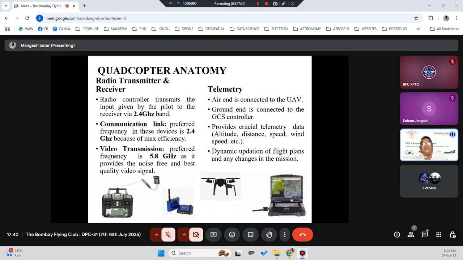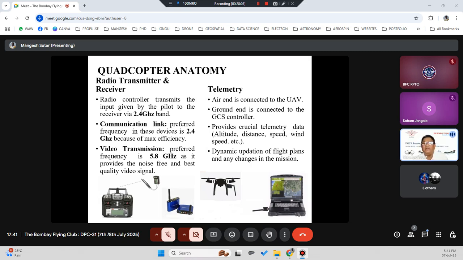So a lot of people used to ask, why 2.4 only, why 5.8 only, why not 5.10, all that. So these are the frequencies which have been tested by the researchers, and they have specified that these are the best frequencies to use for maximum efficiency in the communication link, and 5.8 gigahertz for the best noise-free and best quality video signals.